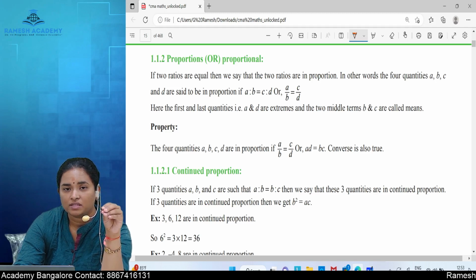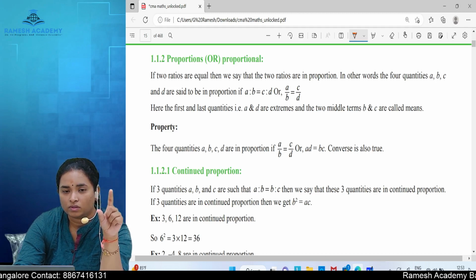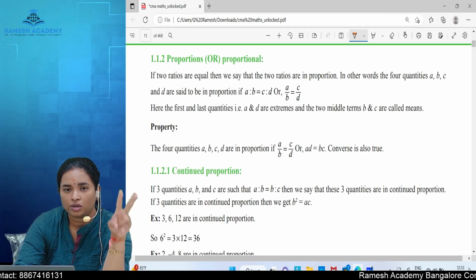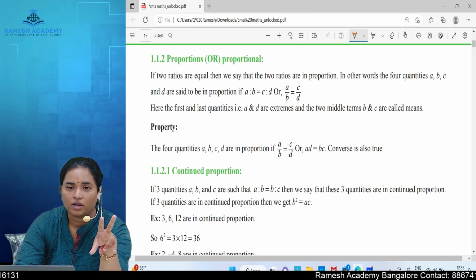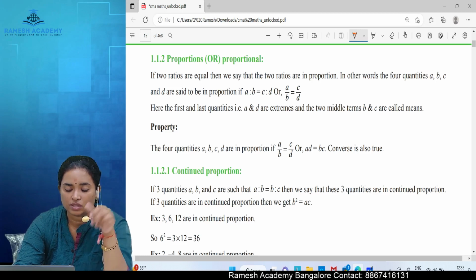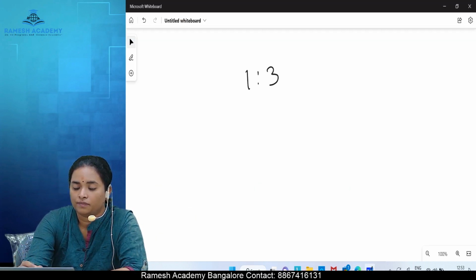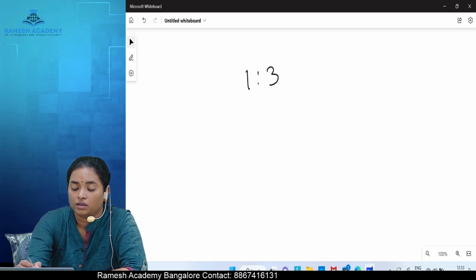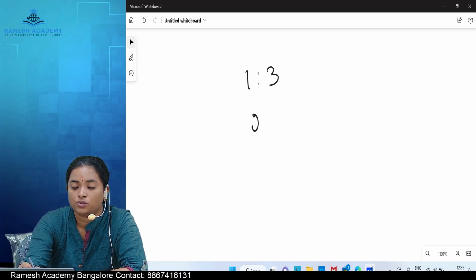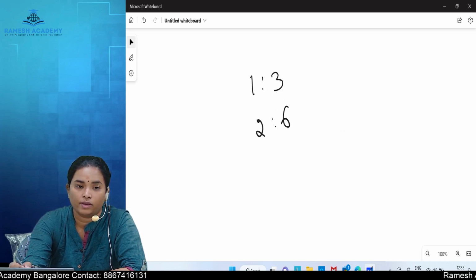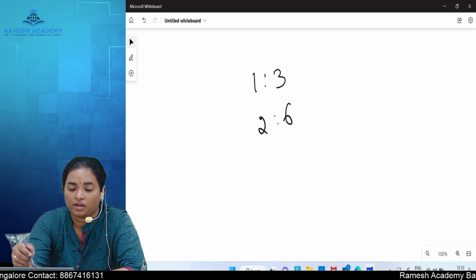Now what happens here? I have 2 glasses of rice and 6 glasses of urad dal, so 2:6. 1:3 I want, and I want to give another ratio, 2:6.